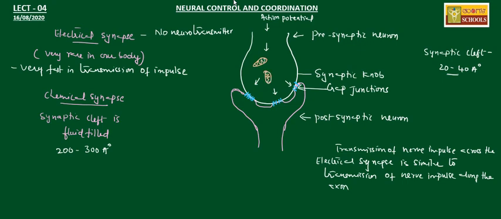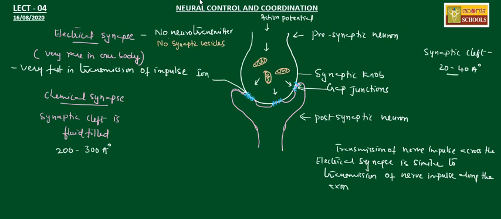Here you also have mitochondria. There are no synaptic vesicles filled with neurotransmitter. As there are no synaptic vesicles, you don't find even the neurotransmitters, and the transmission passes through these gap junctions. Here there will be ion channels, through which the ions move across, that is sodium.